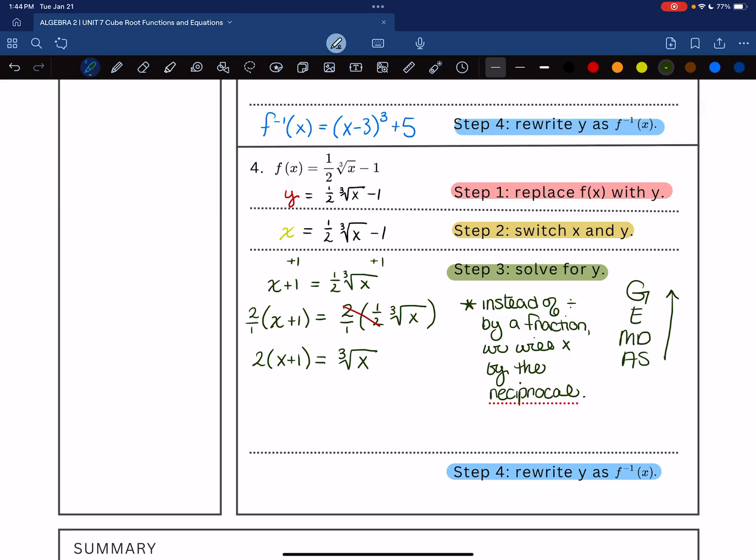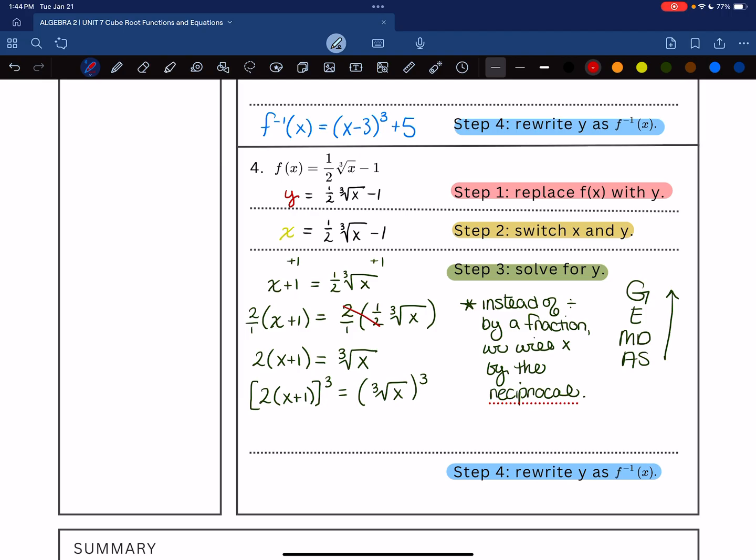And last but not least, to undo the cube root, we're going to need to cube each side. Oh, let me do this on the next line. We're going to need to take this quantity and cube it, and we're going to need to take the cube root and cube it.